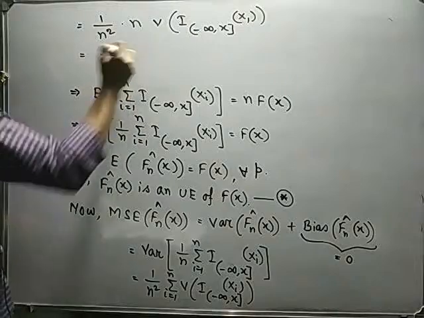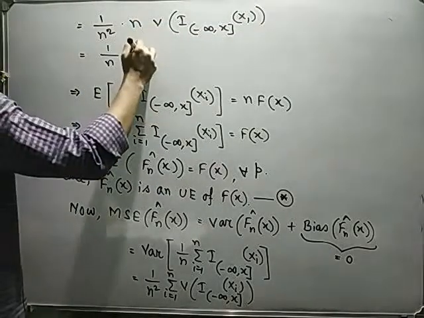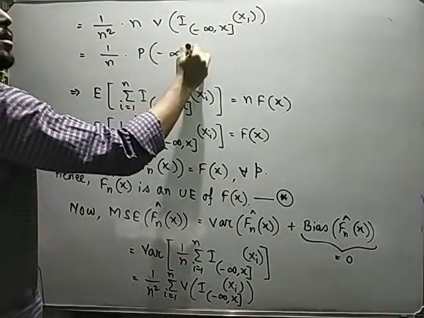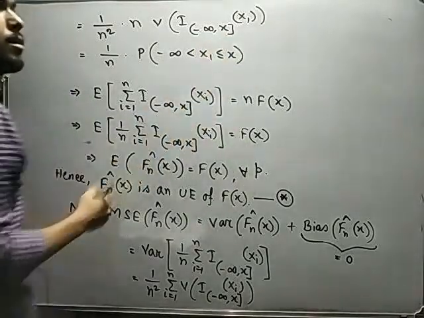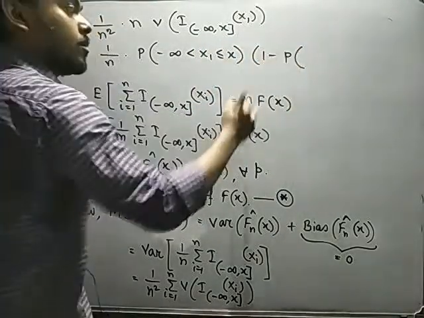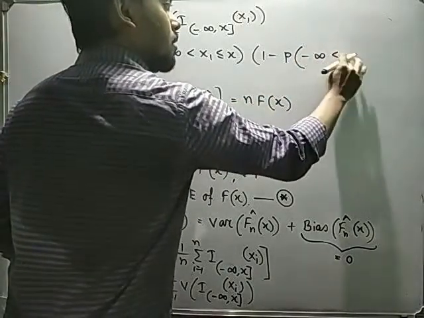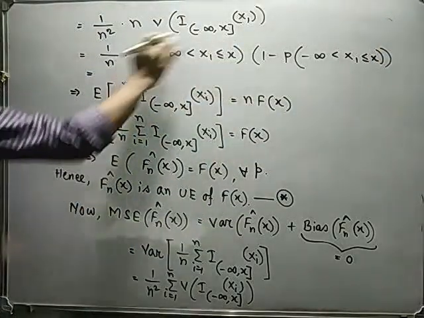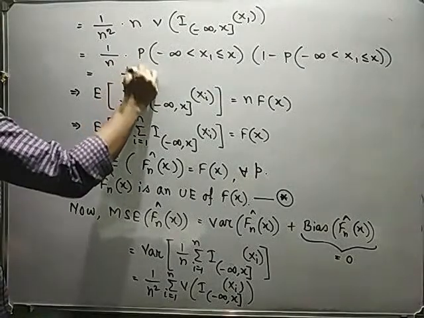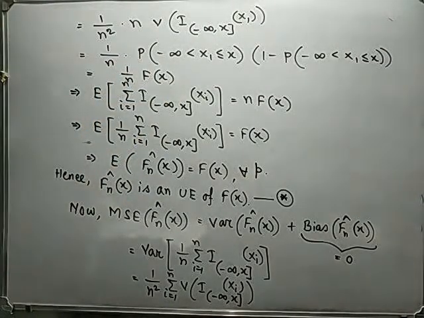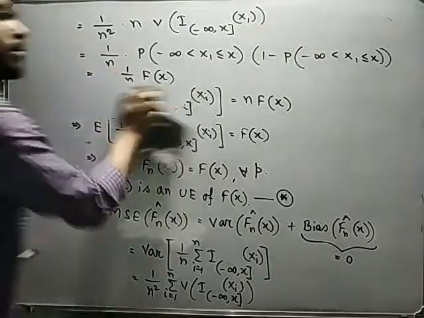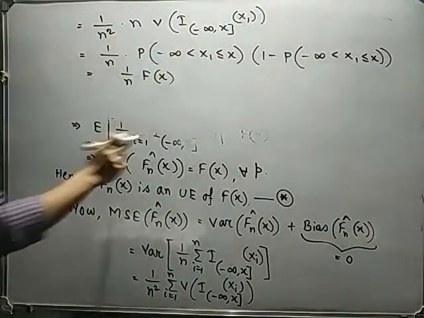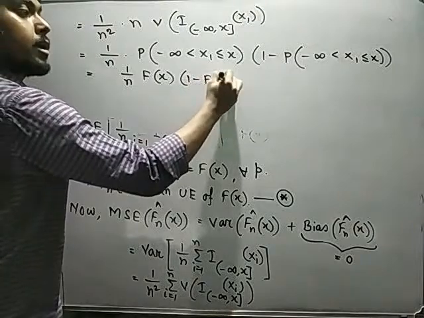So it will be 1/n times the probability that X1 belongs to this set, times 1 minus that probability. Now what does that mean? This probability is exactly capital F(x), and the other probability is basically 1 minus F(x).